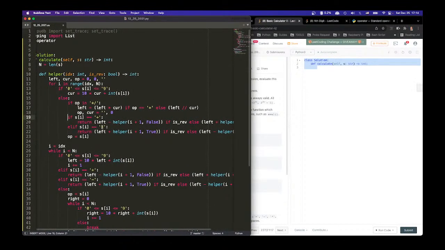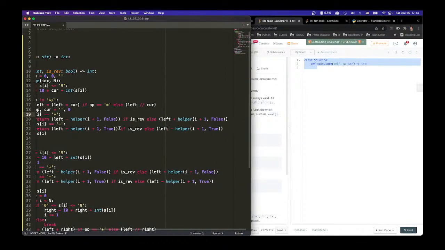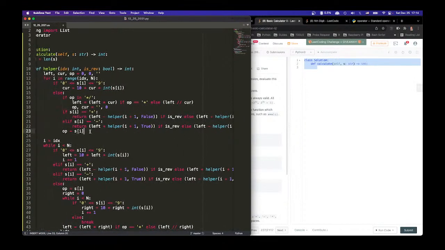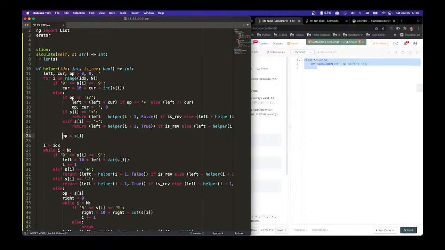Otherwise, if it's a negative, we do this, then we're done, right? Else, the current one, then OP is equal to current one. That was plus, multiply or divide. Now, in this case, we just do this, right?